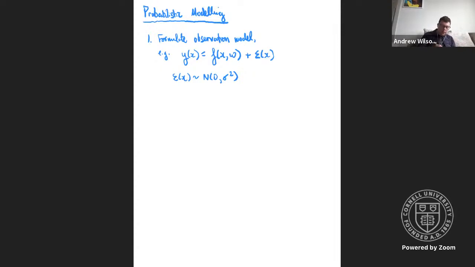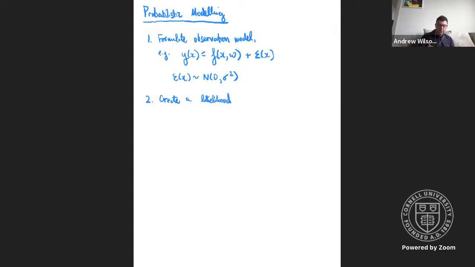Okay. The next step is to create a likelihood. The likelihood is the probability that we would generate our data set using that observation model.